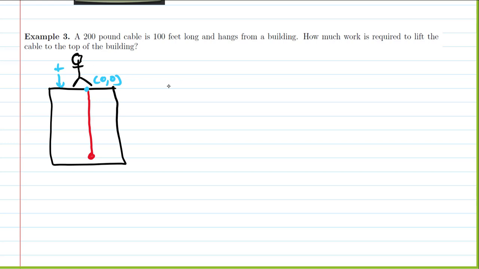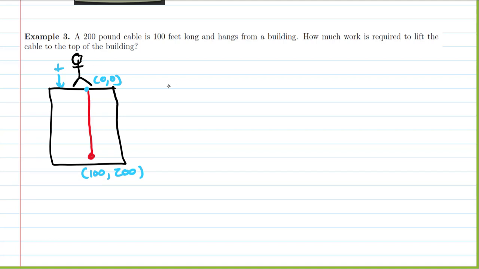If that's the case, when I'm down here at 100 feet, I'm going to have 200 pounds of cable, right? Now, if I'm at the top at 0, 0, with no feet of cable, how many pounds do I have? None, because that means the whole cable is sitting up on the roof.